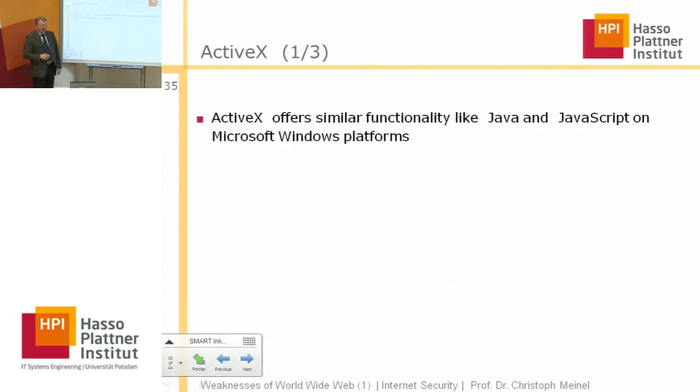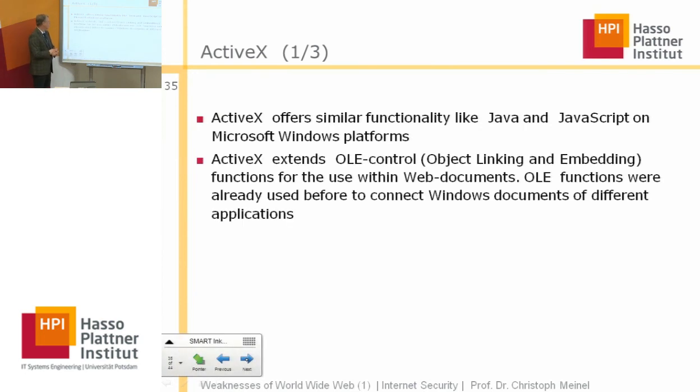A few words about ActiveX. ActiveX offers some functionality similar to Java and JavaScript, and it offers this for Microsoft Windows platforms. ActiveX extends the so-called OLE controls, the object linking and embedding functions, for use within web documents.